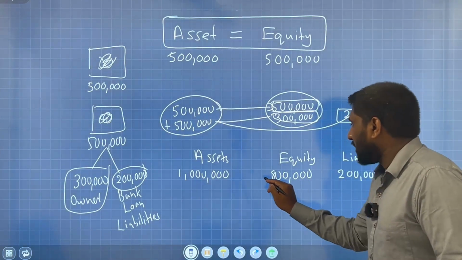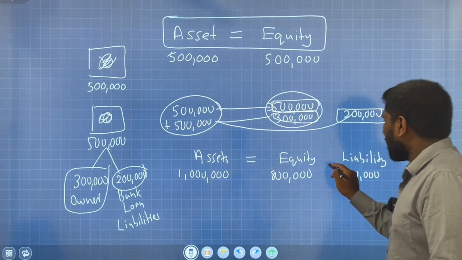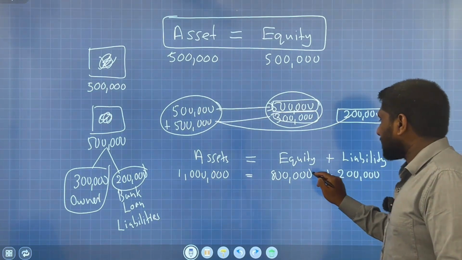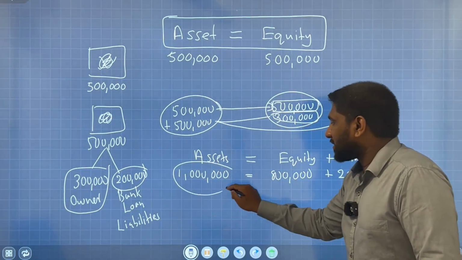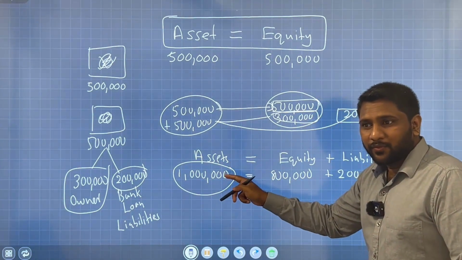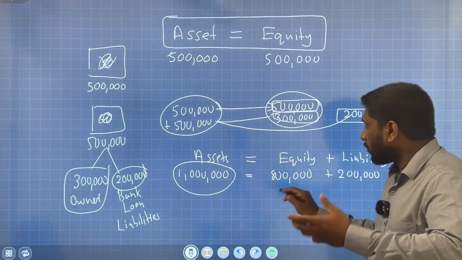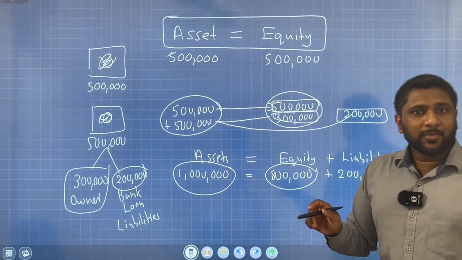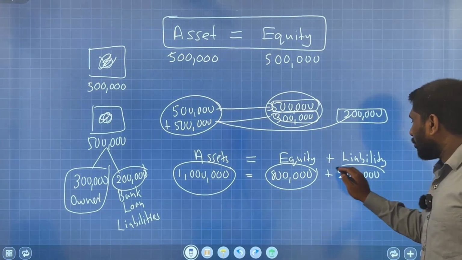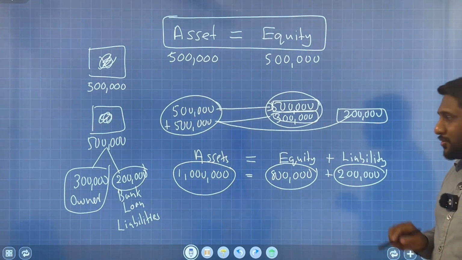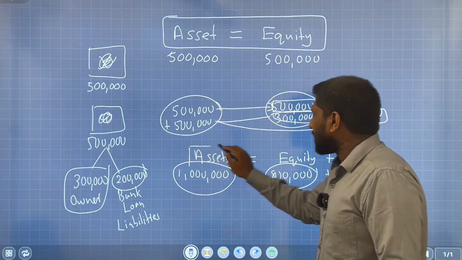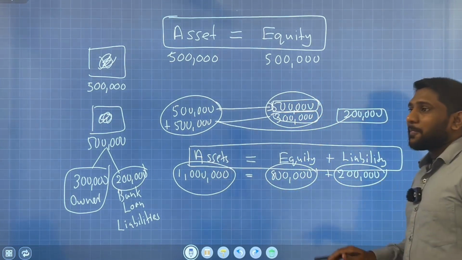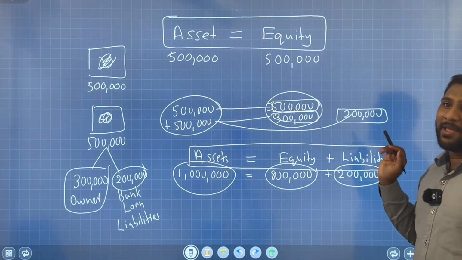You can see over here, assets equals equity plus liability. Here see, assets equals 1 million worth assets are there. Out of that, how much is my portion? I contributed 800,000, from the bank loan, 200,000. So what is the second basic accounting equation that you should know? Asset equals equity plus liability.